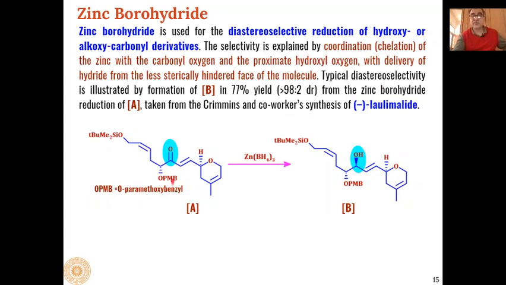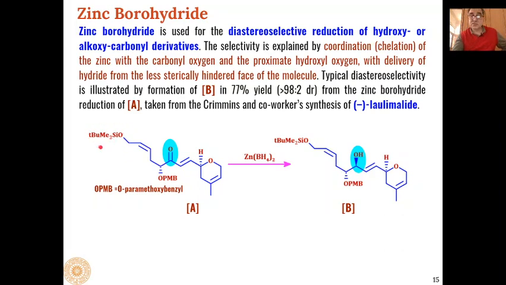So if we have, say, an alpha hydroxy or alkoxy group, this OPMB, or oxygen para-methoxybenzyl group attached to this oxygen, you can see that this group will not be affected, and this carbon-carbon double bond, or this carbon-carbon double bond, they will not be affected.